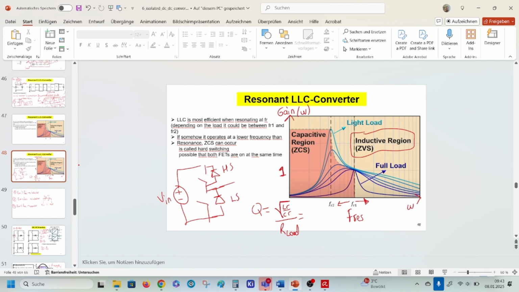And this is constant, because if you solder the components on your PCB, you cannot change L and C. But the load changes. And this load could be a microprocessor or LED or any load that is not constant.